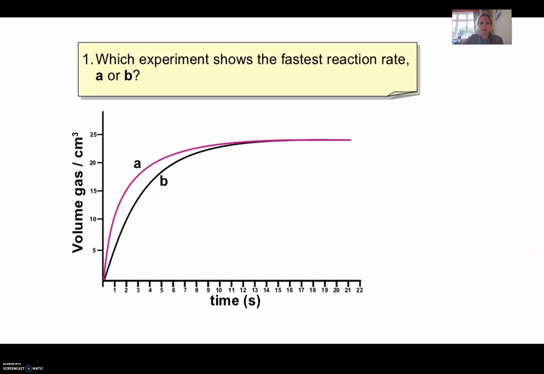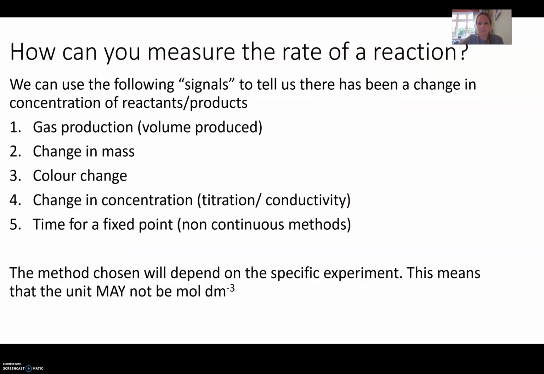Okay, so which experiment shows the fastest rate of reaction, and what's wrong with this question? This question should be which shows the fastest initial rate of reaction, and the answer would be A, purely because if we did a tangent to the line, it would be much steeper than that of B, indicating a faster rate of reaction initially.